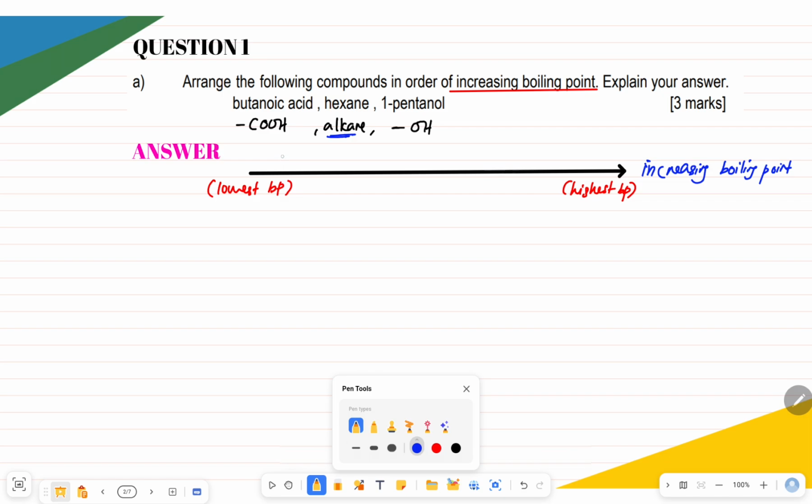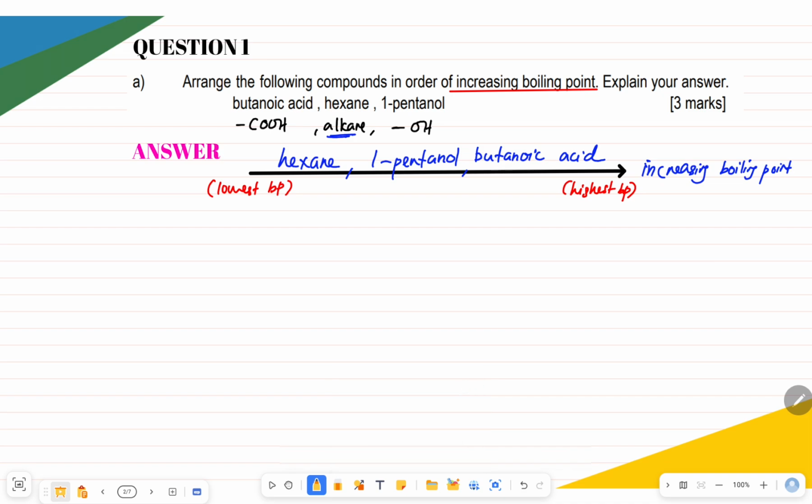So that will be your hexane, followed by alcohol, which is 1-pentanol. And then lastly, carboxylic acid is the one with the highest boiling point. So butanoic acid. Okay, so that will be the order.